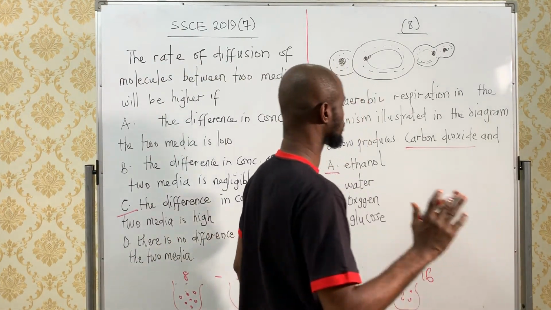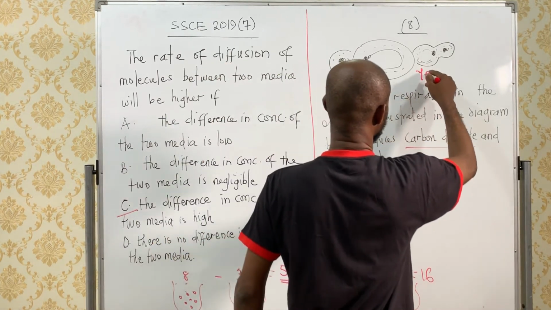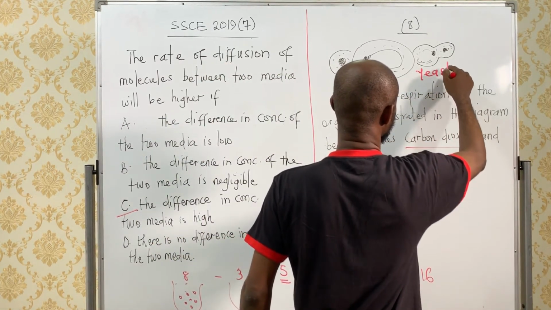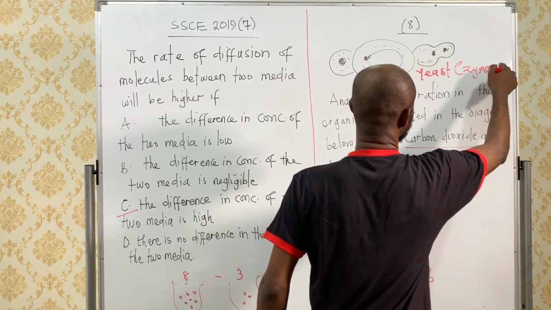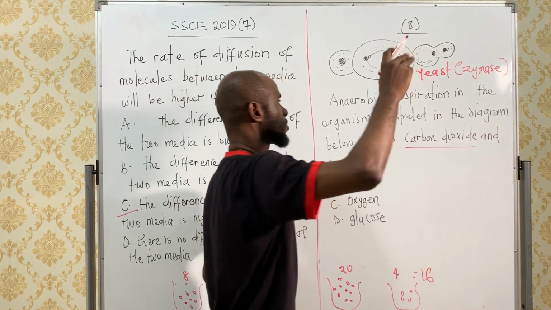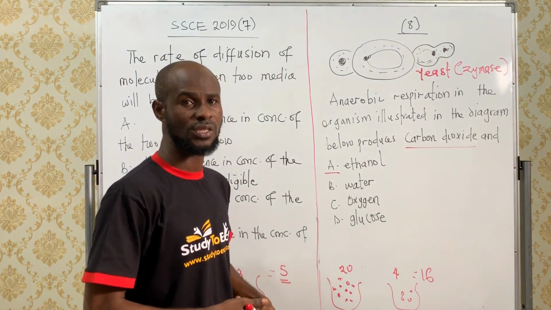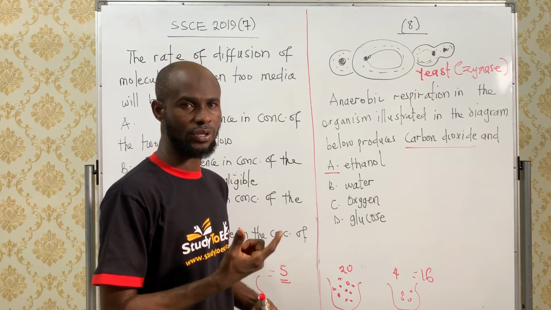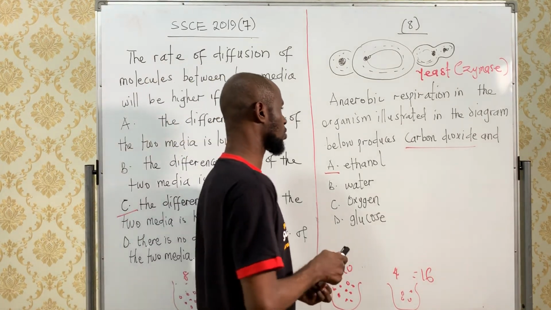Let me quickly run through the equation. You know that this is yeast, and the yeast has the enzyme zymase that assists in the fermentation process. Fermentation is the process where glucose is broken down in the absence of oxygen to produce carbon dioxide, ethanol, and a little amount of energy. Let me give you the equation here.